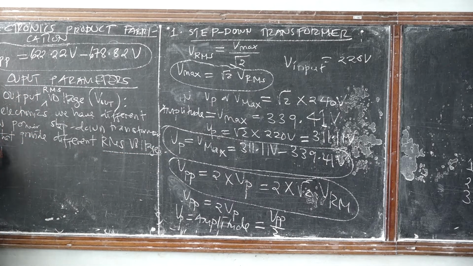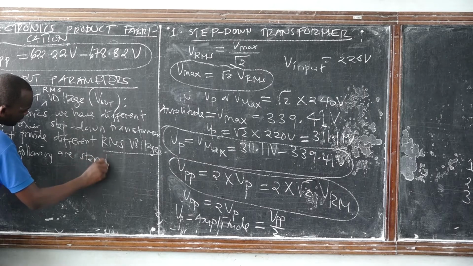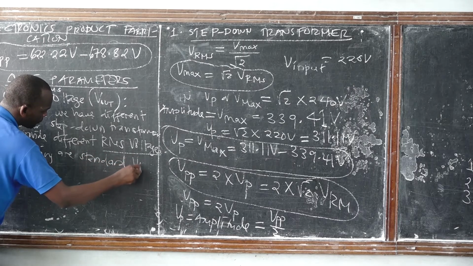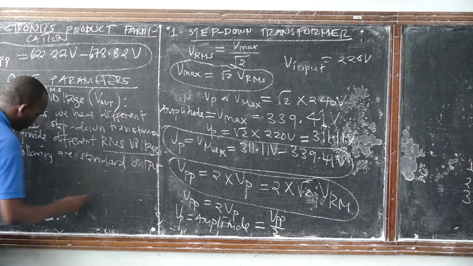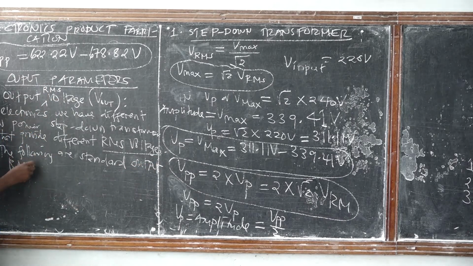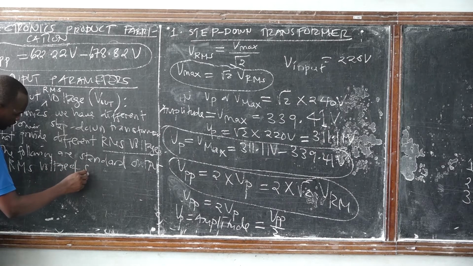So you say that the following are the standard output root mean square voltages of step down transformers.